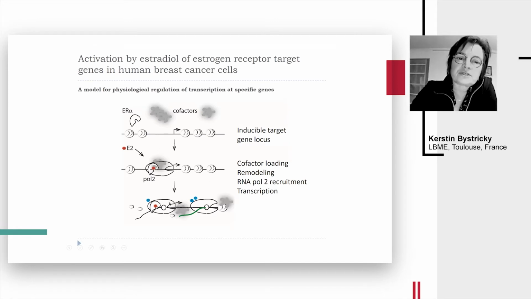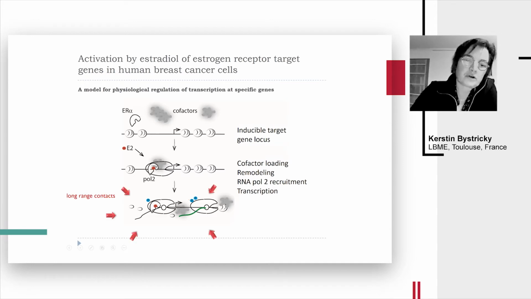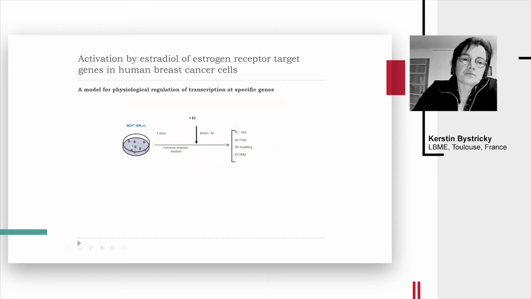So this is a very schematic view, but it's generally accepted that these nuclear receptors do have a genomic function that requires hormone binding and a conformational change to recruit these factors, whether it's on promoters or distant enhancers. And then they drive transcription. And this involves long-range contacts and remodeling of chromatin. This is what I just said.